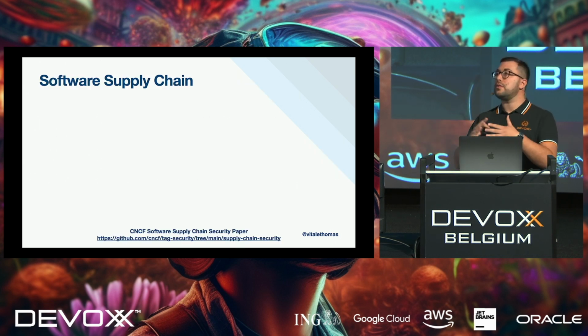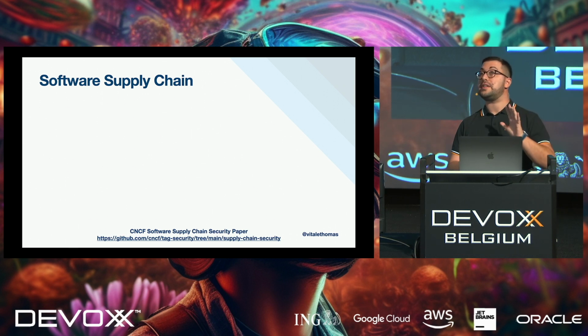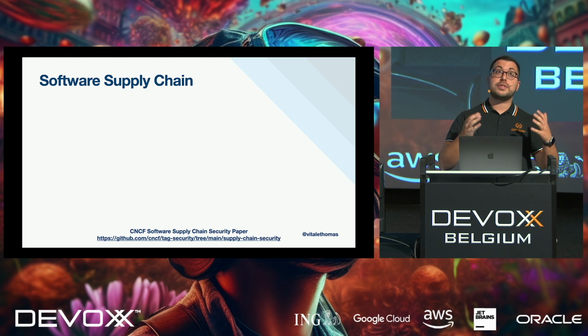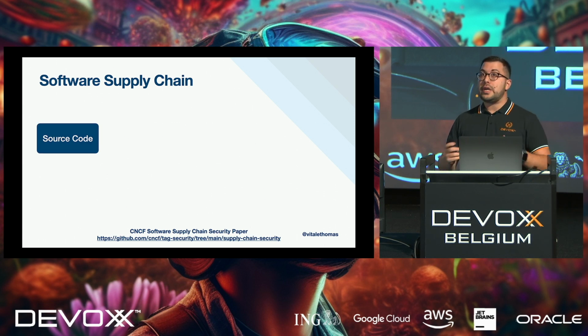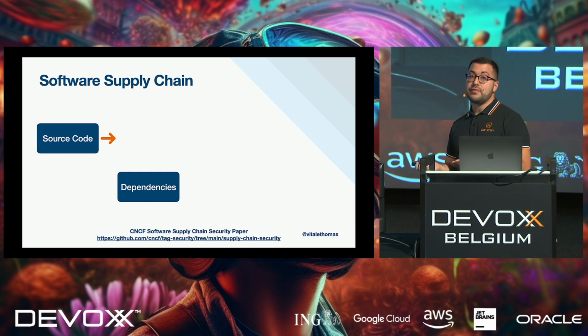And we need to identify all the different stages. I like how the technical advisory group at the Cloud Native Computing Foundation structured their paper on supply chain security. They identified 5 main stages we can secure. We start with our source code. We bring in dependencies, which typically are a big part of our software.